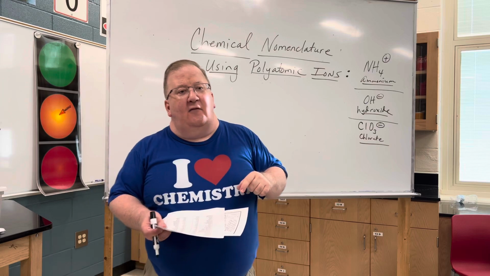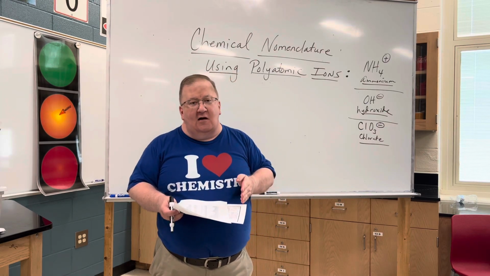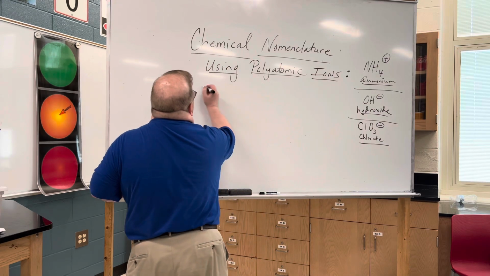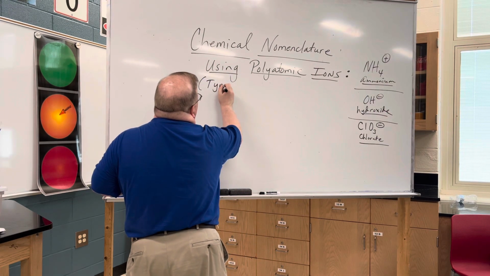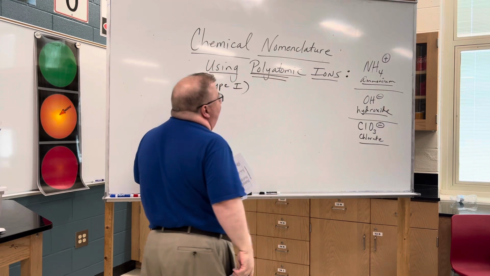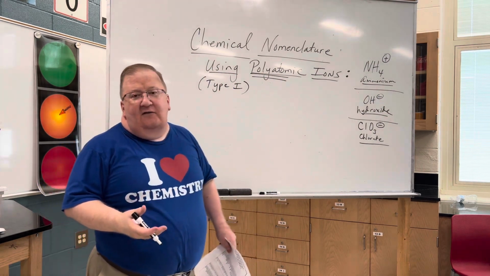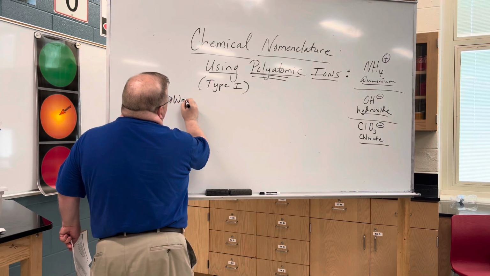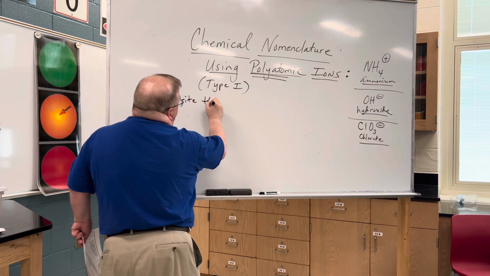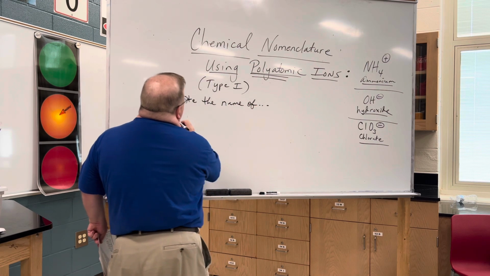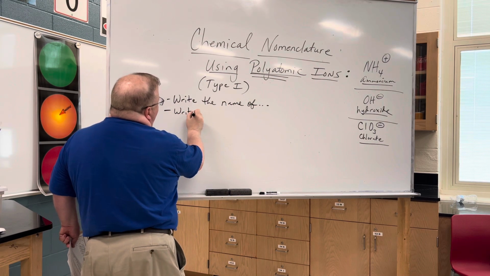All right, if you remember, we said if it's a metal to a non-metal, it's type 1 nomenclature, right? So today we're just going to focus only again on type 1, but this time it's using polyatomic ions. So your directions will be one of two things. You'll either be asked to write the name of or write the formula for.